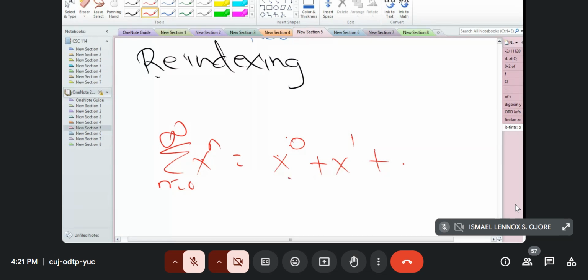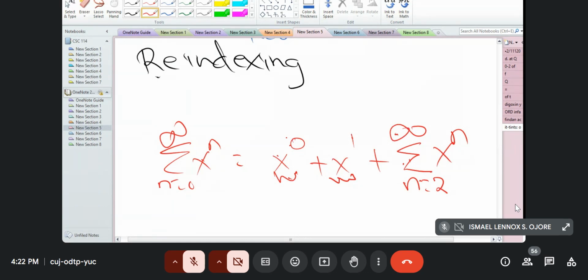So if I stop here, I've taken the value corresponding to n is 0 plus the value corresponding to n is 1. That means I'll be remaining with the summation over the values from n equals 2 all the way to infinity of x to the power n, right? You'll get the same thing, right?